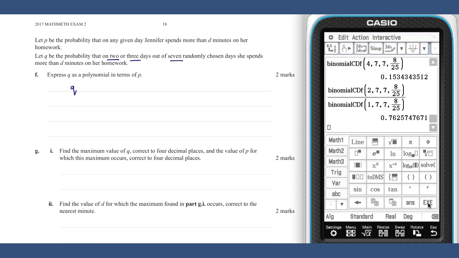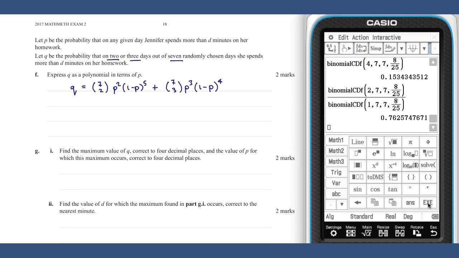In other words, it will be equal to 7 choose 2, P to the 2, 1 take P to the 5. That will be 2 out of 7 days homework being completed, plus 7 choose 3, P to the 3, 1 take P to the 4, which would be 3 out of 7. This polynomial can be generated and simplified on our class pad.